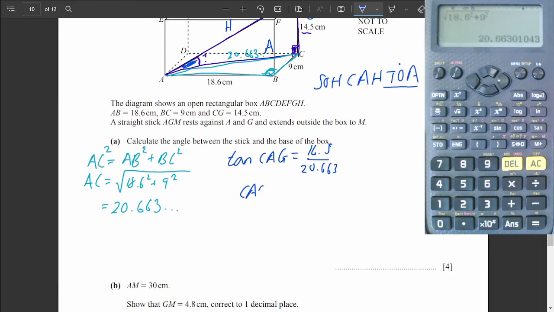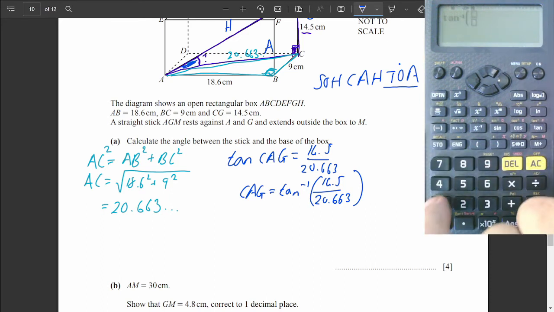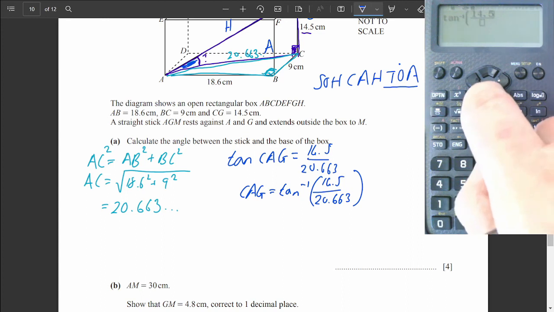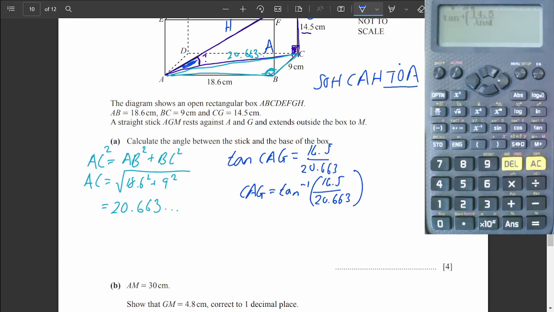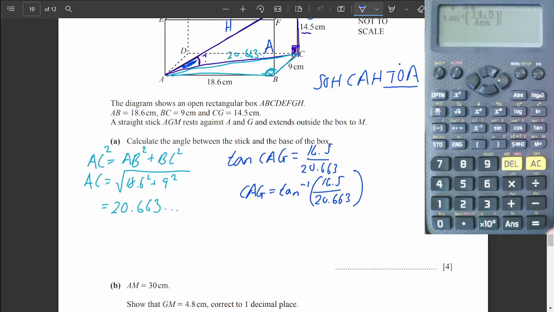So CAG equals the inverse of tan of 14.5 over 20.663. So let's put that into our calculator. So shift tan, fraction, 14.5, and here, to be most accurate, I'm inserting my previous answer, which is 20.663, just not rounded, and we get the answer.